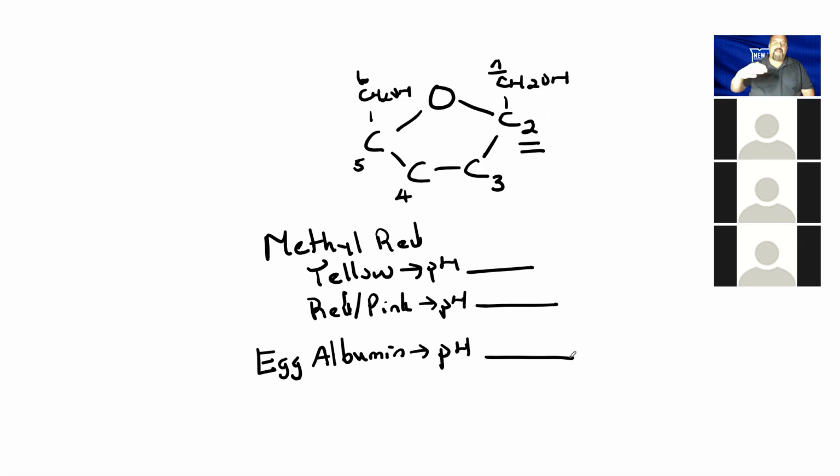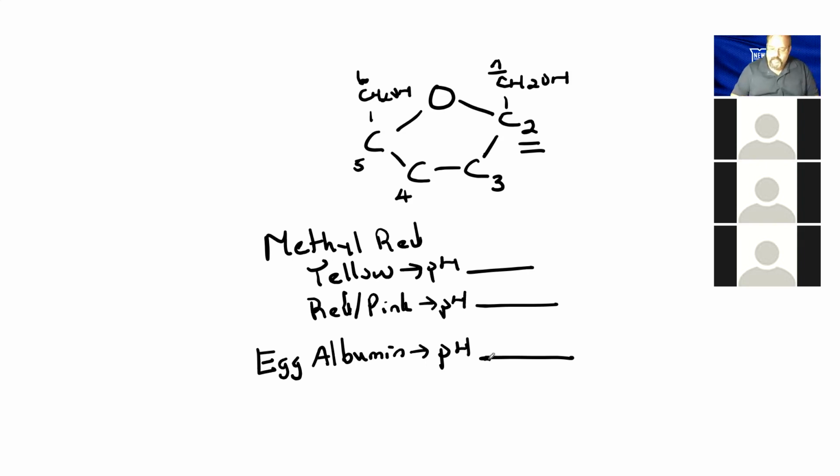When you add the acetic acid to the egg with the methyl red, what you probably saw in the video, or should have seen in the video, is that the methyl red goes from yellow to pink. That corresponds to a different pH. The question is, does that pH that it now reached, is it where the isoelectric point of egg albumin is?